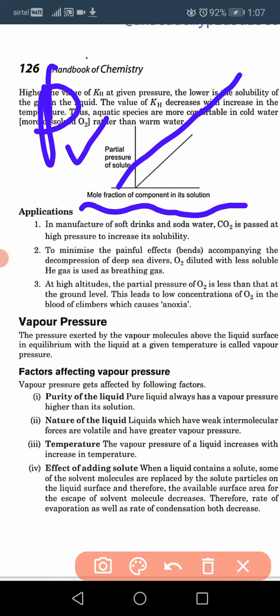So the formula is proved here: P is directly proportional to the mole fraction of the gas present in the solution.